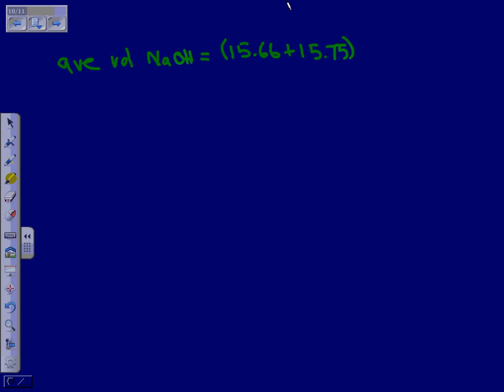We add them up, and here we're going to divide it by 2, and I'll take that average when you've got it. To 2 decimals, please. So we're going to round to the second decimal. Yep. 15.71 milliliters.